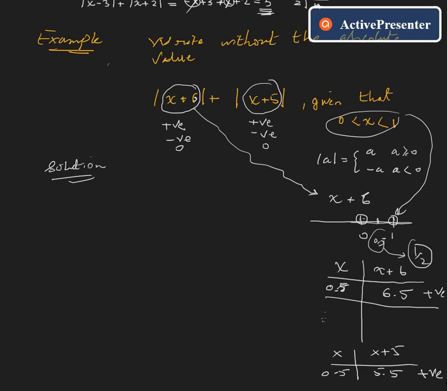To simplify, the absolute value of x plus 6 equals x plus 6 and will remain the same for x greater than 0 and less than 1. Also, the absolute value of x plus 5 will remain the same.